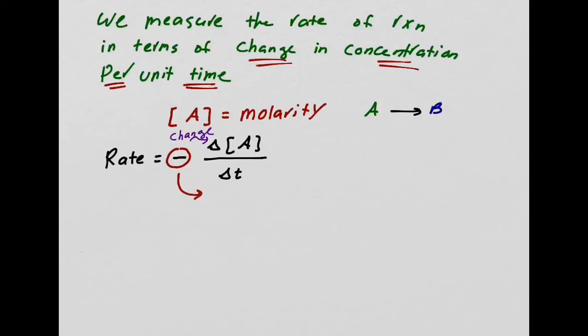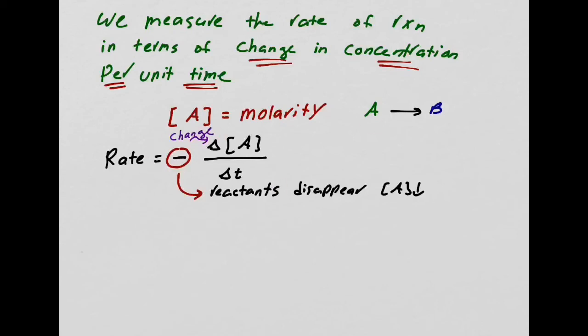Because A is a reactant, and reactants disappear over time. What that means is the concentration of A is going to go down. We have a minus here because the reactant is going to disappear, so the concentration is going to go down over time. So far, so good? Okay. So this is rate in terms of A, the reactant disappearing.